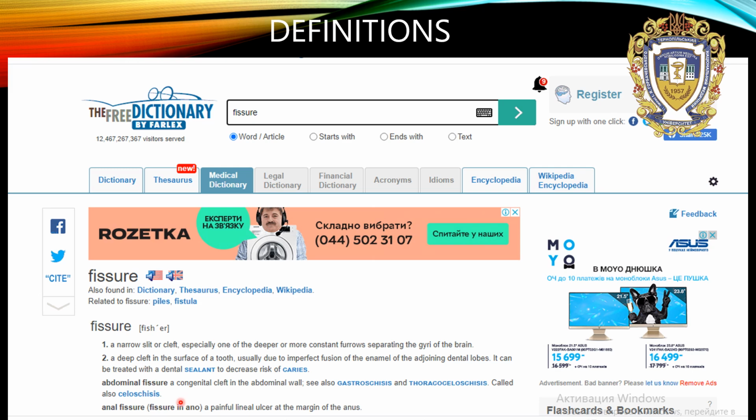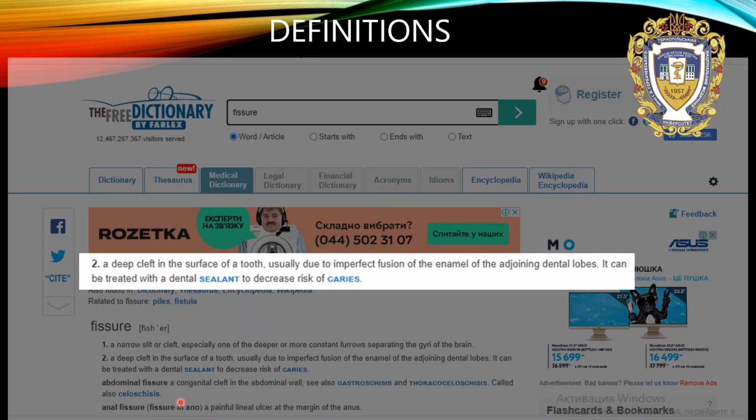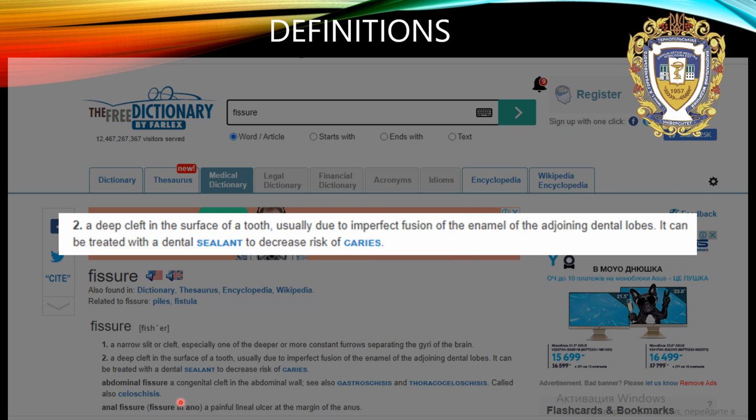But in a medical and in a dental meaning, a fissure is a deep cleft in the surface of a tooth, usually due to imperfect fusion of the enamel of the adjoining dental lobes. Notice that it can be treated with a dental sealant to decrease the risk of caries.